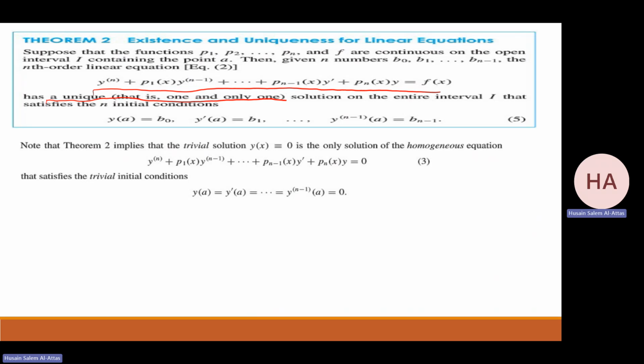Note I made it in the standard form, where the coefficient of the derivative is 1. What I need is for these functions, and also f, to be continuous on an interval I containing the point A. And A also is very important for me.